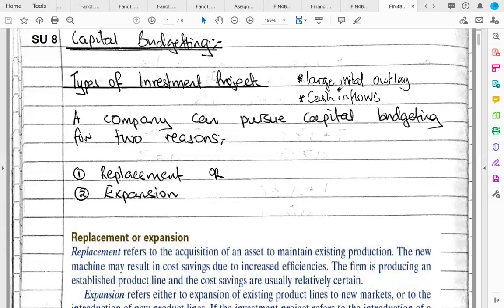If cash inflows come into the company in less than 1 year, then it's not a capital project. So with capital budgeting, we're talking about a large initial outlay and then cash inflows coming into the company after more than 1 year.